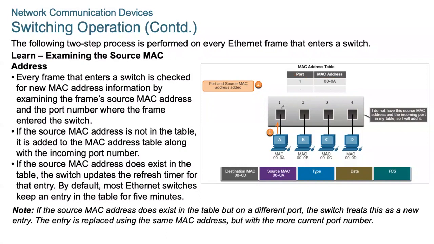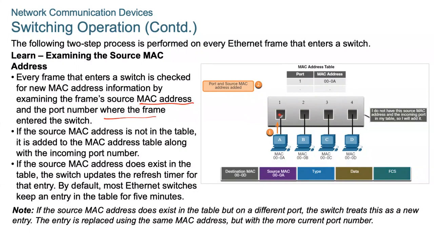That means on port 1, the MAC address of that computer is associated. Every frame that enters the switch is checked for new MAC address information by examining the frame's source MAC address and the port number where the frame enters the switch.